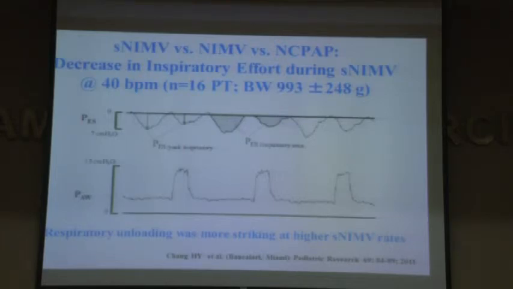That's the reason I tell you to use a higher rate, so we start at a rate of 40. If the baby is breathing spontaneously, you see how much more negative pressure the baby has to generate in the esophagus, whereas every time the machine cycles, the baby doesn't have to work as hard. They concluded that respiratory unloading was much more striking with a higher background rate during NIPPV.